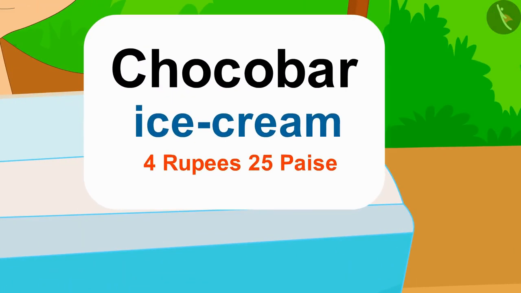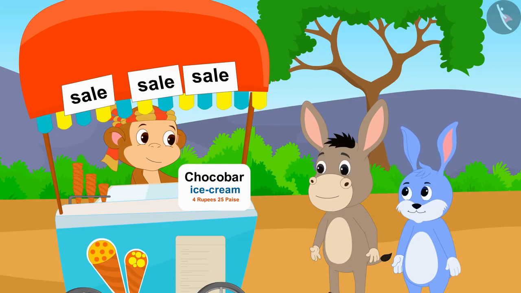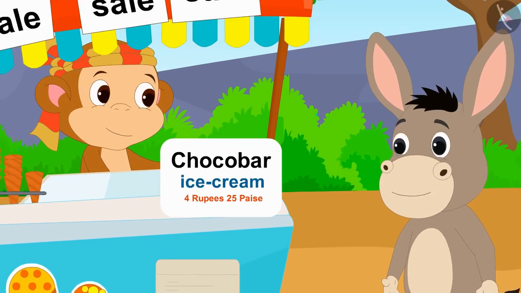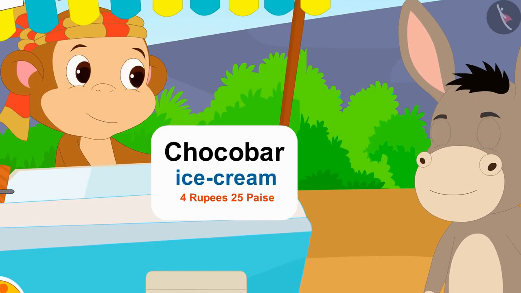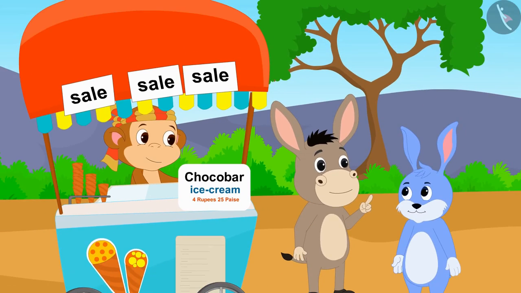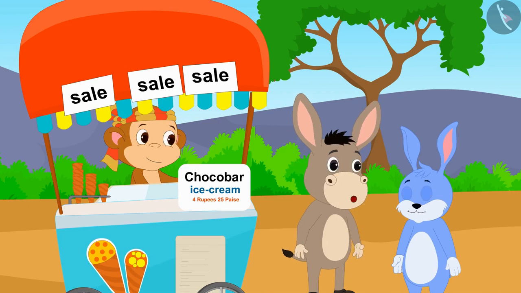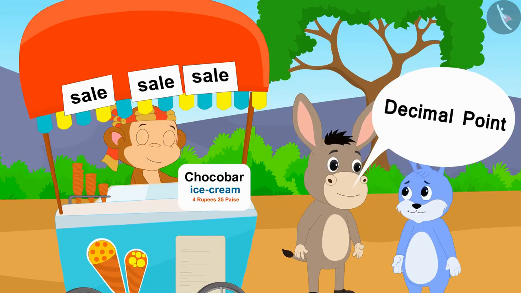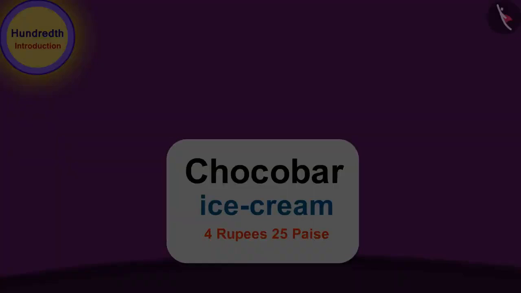Chocobar ice cream is being sold at a heavy discount at Babban's stall. Seeing the new price of Chocobar ice cream, 4 rupees 25 paise, Bhola told Bunny, Bunny, I can write the new price of the ice cream using decimal point.